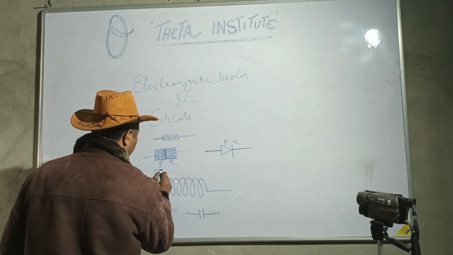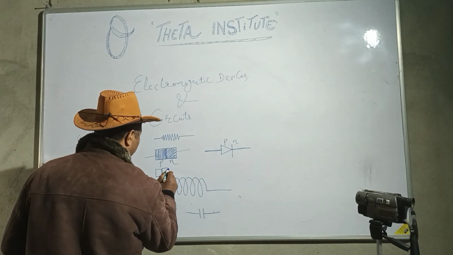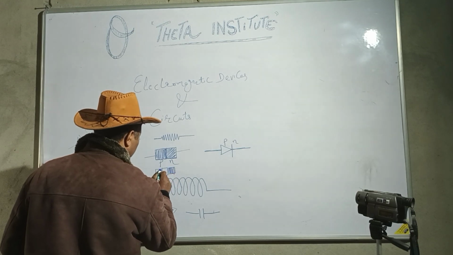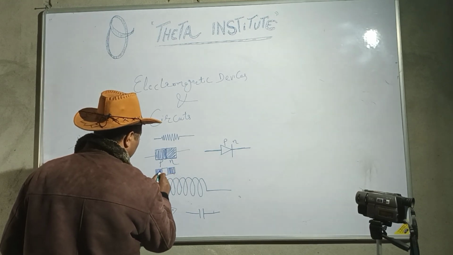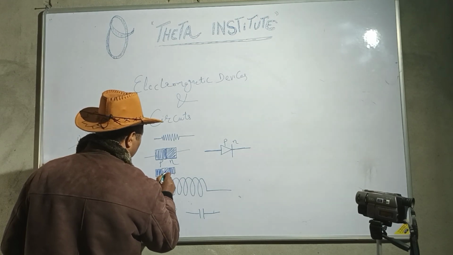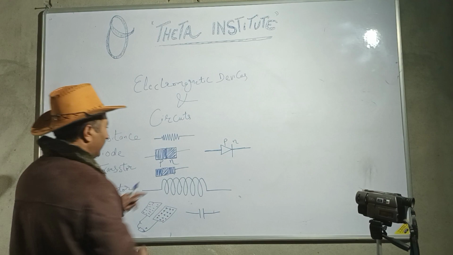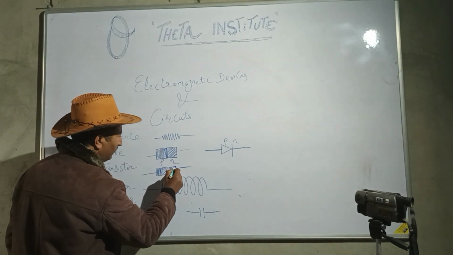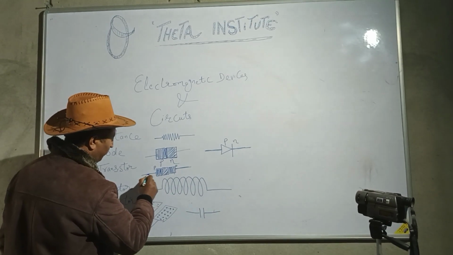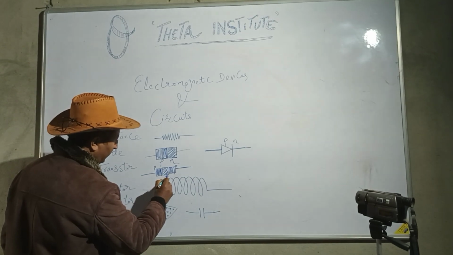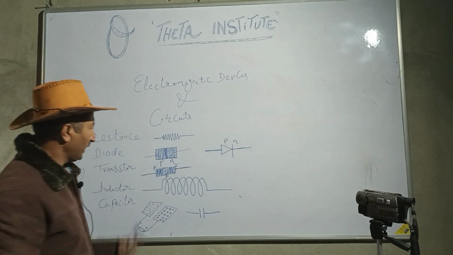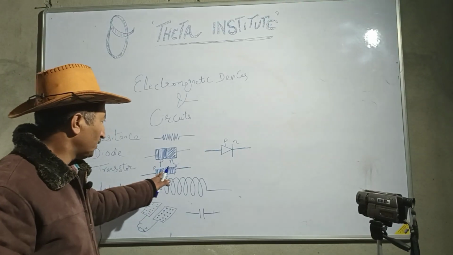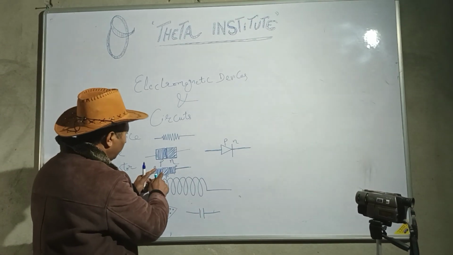P, N and P. One wire from this P, one wire from this P, and one wire from the central N. PNP junction, a PNP transistor has two junctions. One junction is between P and N, another is between N and P.